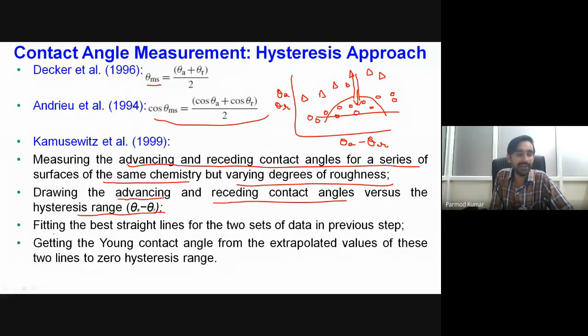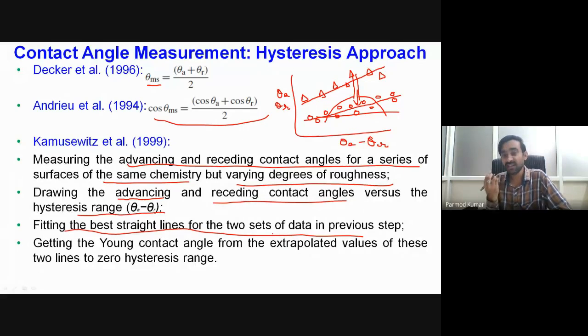Then we fit the best straight line to this set of data: one straight line for the advancing contact angle data, and one for the receding contact angle data. We know that the equilibrium contact angle, or Young's contact angle, represents the state of a single energy minimum.